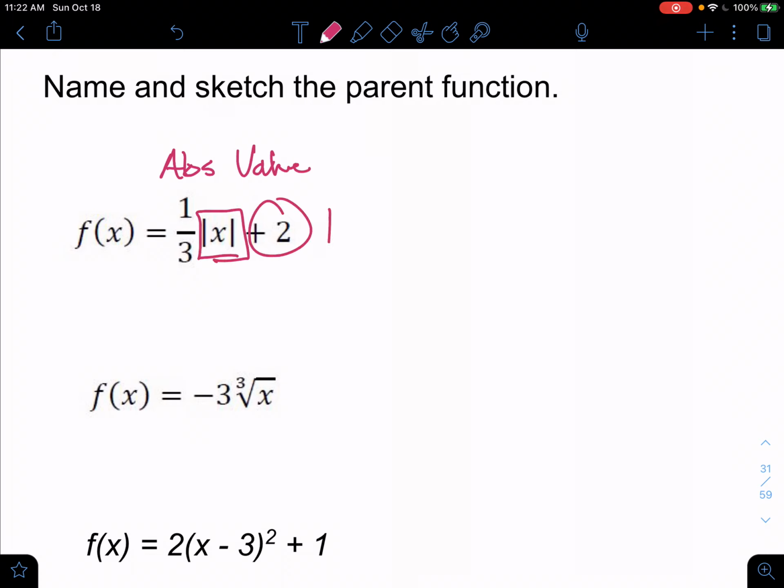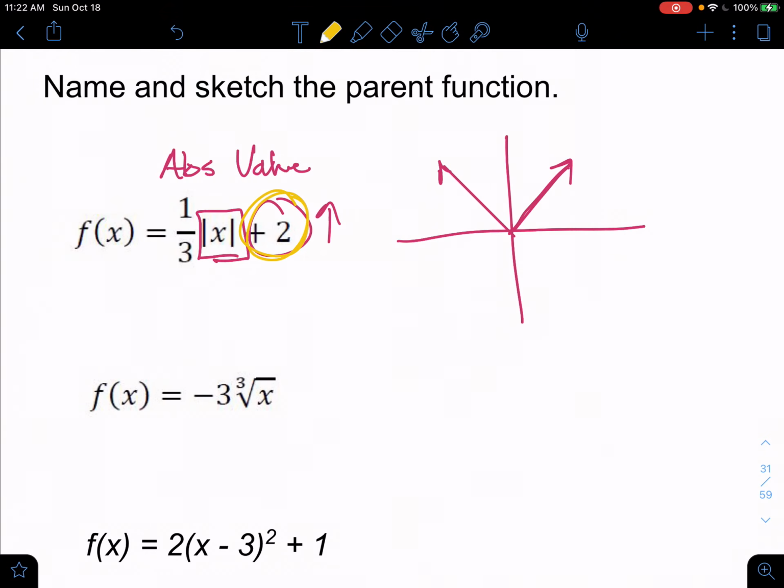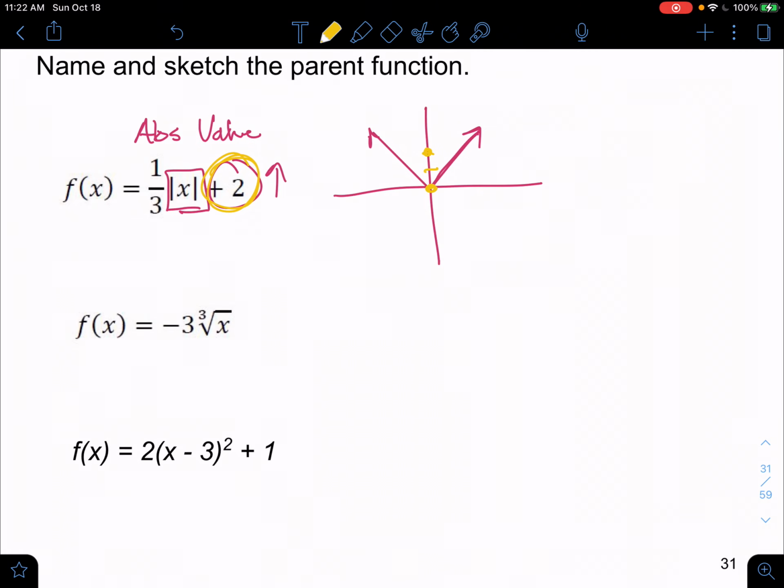This one is just shifted up 2. So our normal graph, or the parent function sketch, will look like this. And since our locator point is being moved up 2, our new locator point will be sitting right there. And that's really it at the moment.